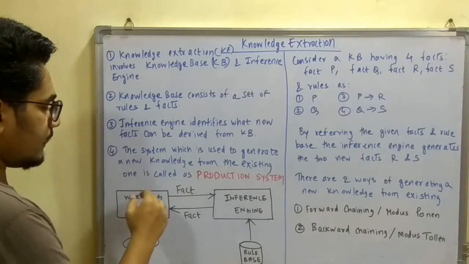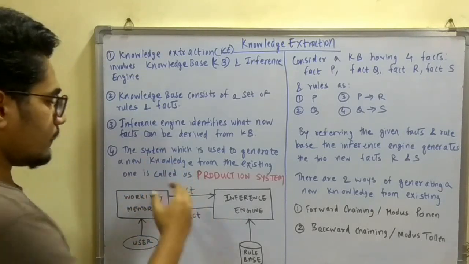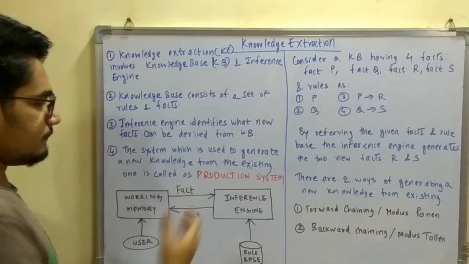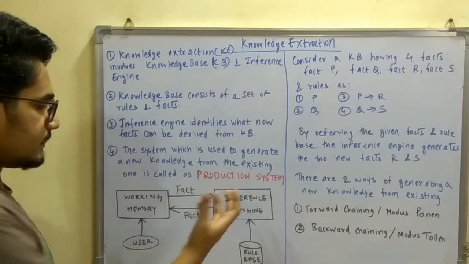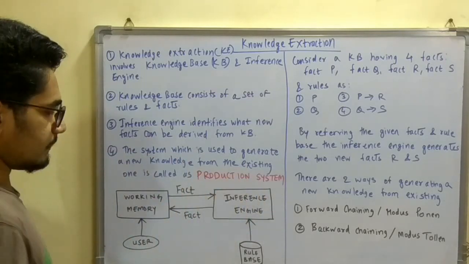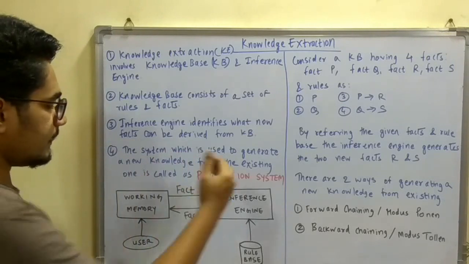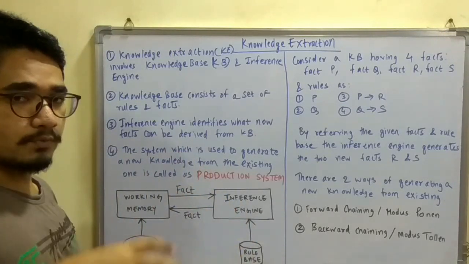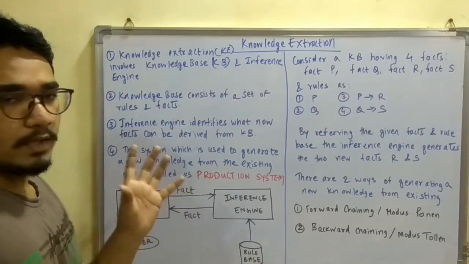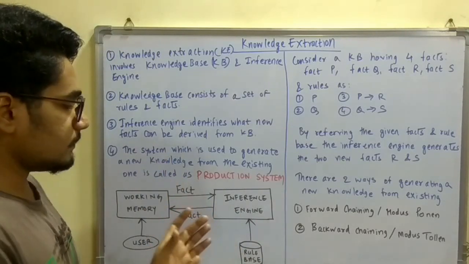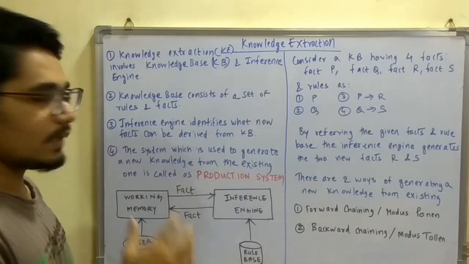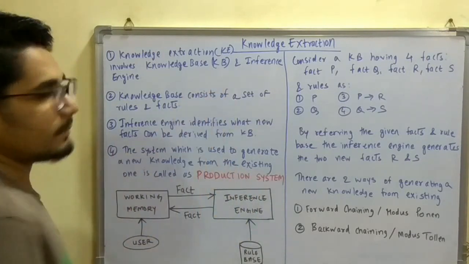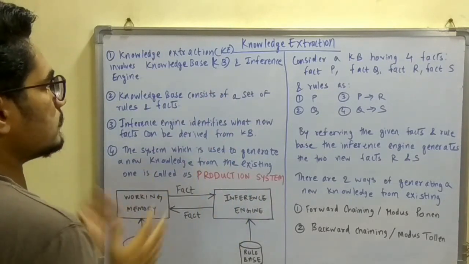Based on that, this working memory will query the inference engine for some fact, which will derive any new knowledge it has and give back the fact. So it asks for a fact and it gives back the fact. To this inference engine you have a rule base as well as a fact base. So fact base plus rule base gives you the inference engine, and which sums into the knowledge base, that is the KB.